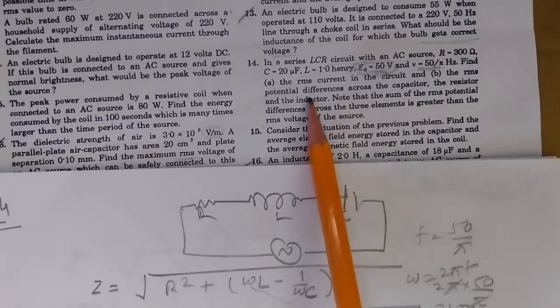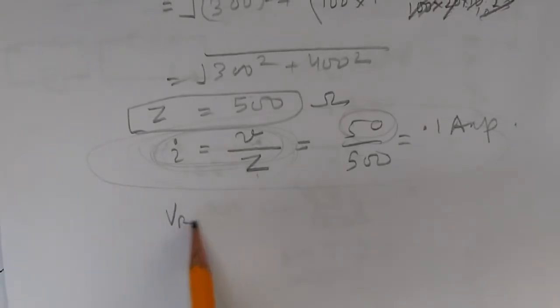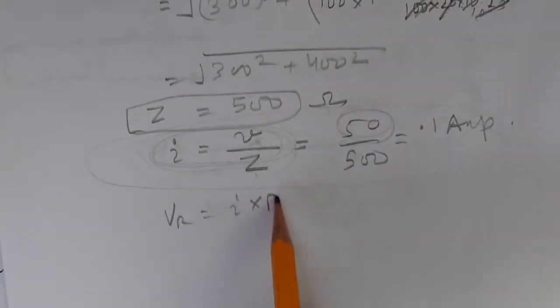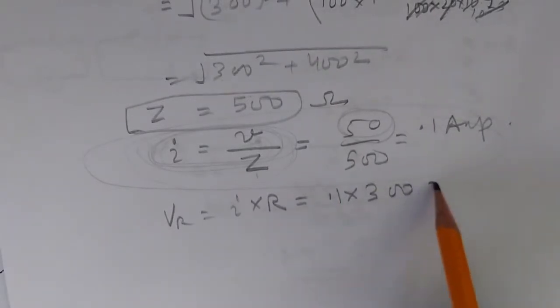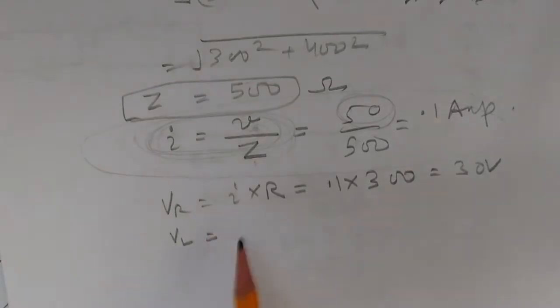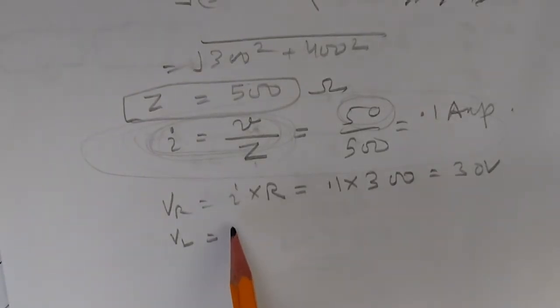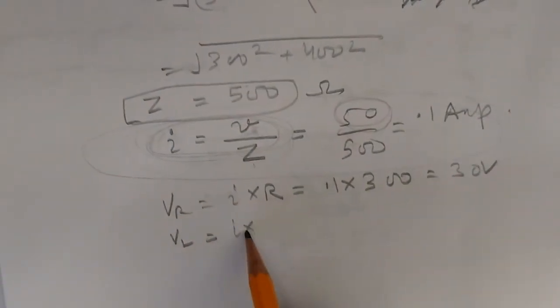And then find the potential differences across the capacitor, resistor and the inductor. The potential difference across the resistor will be I multiplied by the resistance value. I is 0.1, resistance is 300 ohm, so this will be 30 volt. The voltage across the inductor will be I into XL.